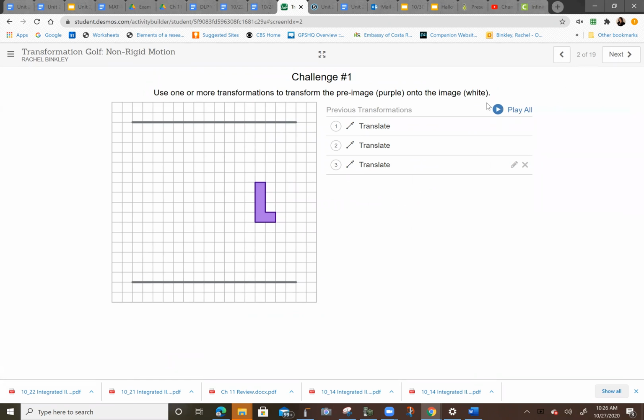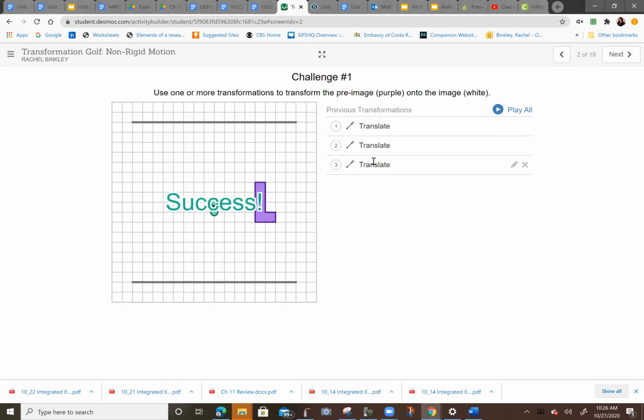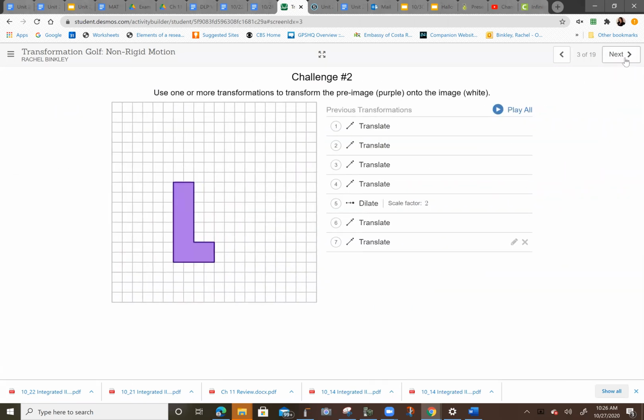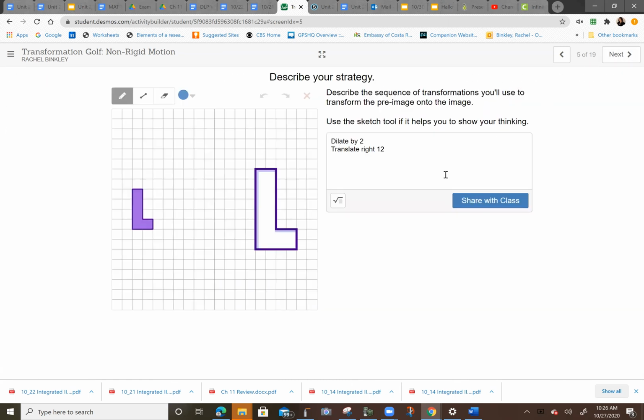Okay, so what we want to do is we take a purple shape and we try to make the translations that'll turn it into the other shape. Now I did all of these, so I need to find one that's not done.